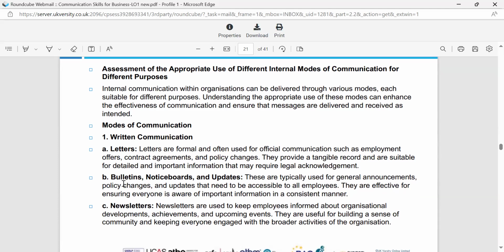And then we've got written communication bulletins, notice boards, updates, and these are general announcements for the public or employees, ensuring everyone is aware of certain policies, maybe, or consistencies within the workplace. And newsletters are used to keep employees informed about organisational developments, any sort of achievements, any sort of trying to build a community and keep everyone engaged within the organisation.